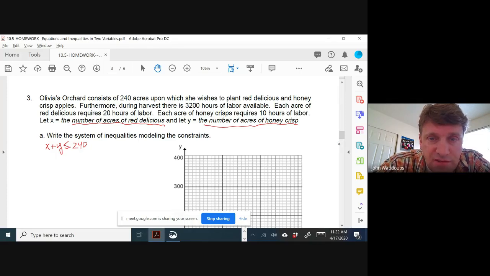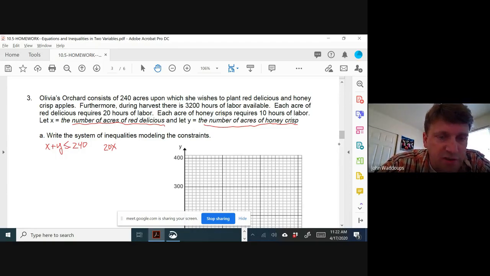Furthermore, it says during harvest, there are 3,200 hours of labor available. Each acre of Red Delicious requires 20 hours of labor. So if I take 20x, just that one expression there, 20 times x, the number of acres, this is how much labor is spent harvesting the Red Delicious.